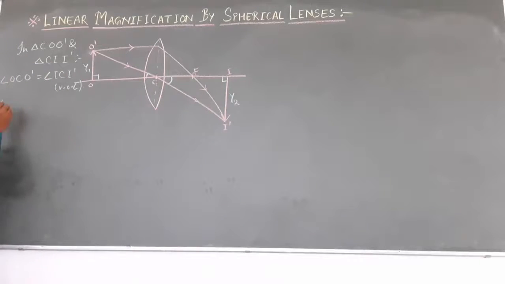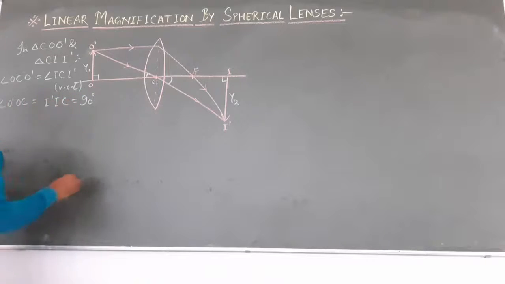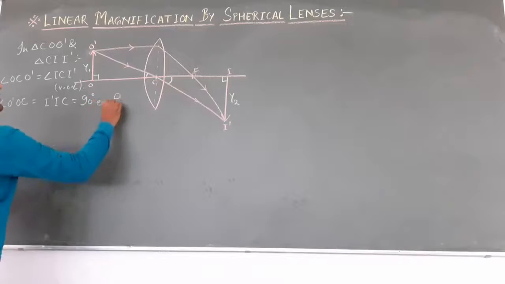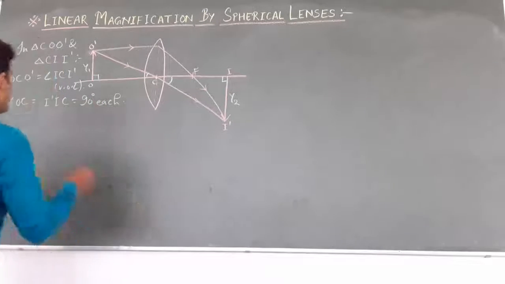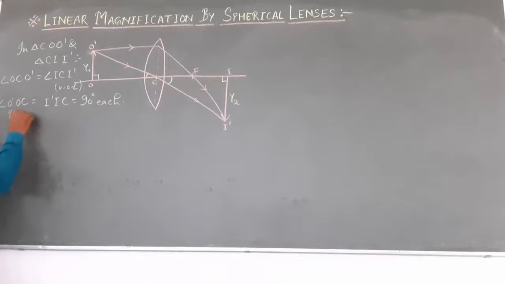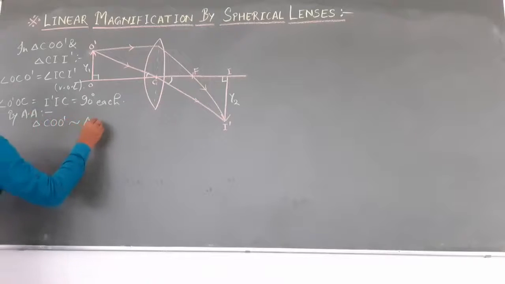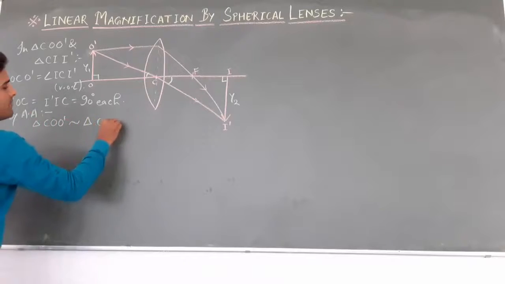It means angle OOC is equal to angle I dash IC, equal to 90 degrees each. So two angles become equal. Then by the angle postulate, triangle COO dash is similar to triangle CII dash.